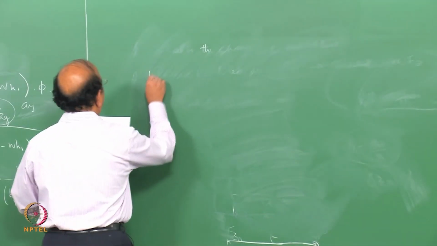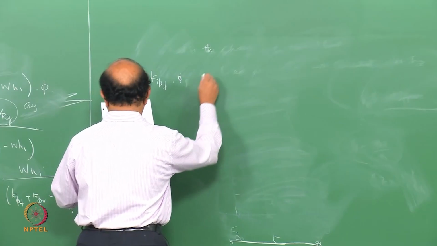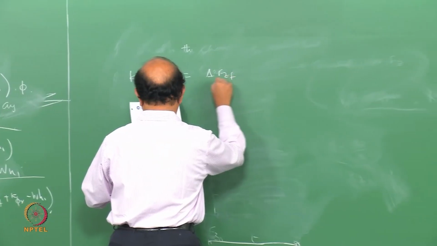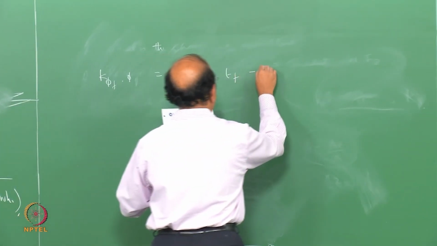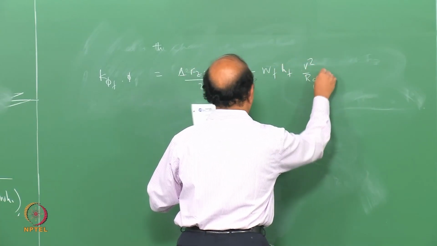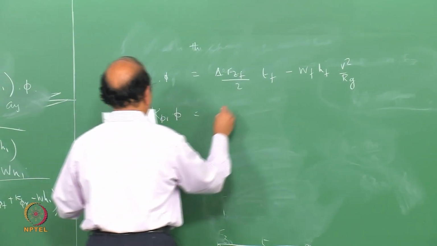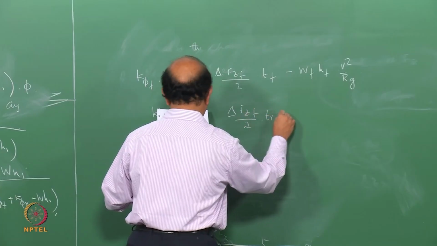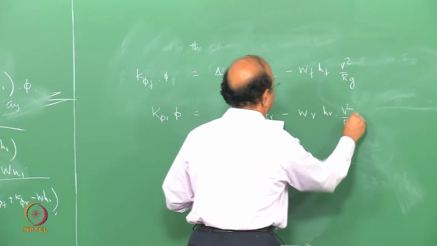K phi F into phi is equal to delta F z at front divided by 2 into TF minus WF HF into V squared by RG, and K phi R into phi is equal to delta F z at rear by 2 into TR minus WR HR into V squared by RG.